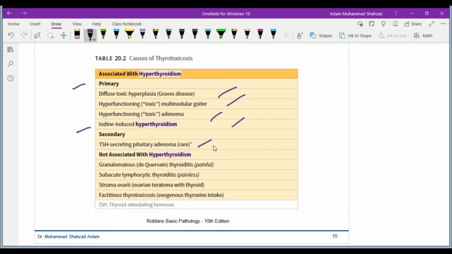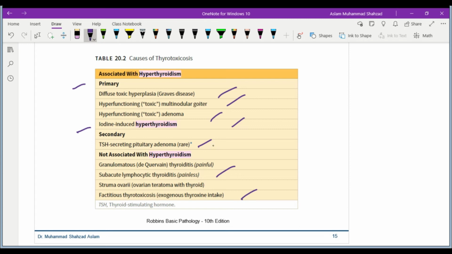It is one of the rare conditions, or maybe some of the other conditions, for example lymphocytic thyroiditis. For example, it could be caused by factitious thyrotoxicosis. So all of these conditions can lead to hyperthyroidism.